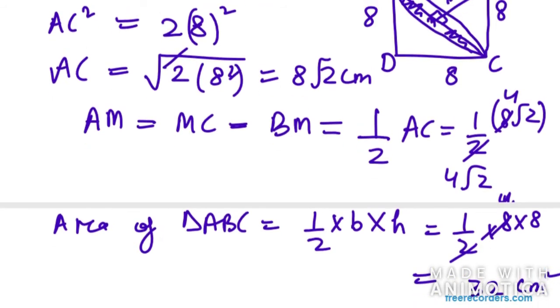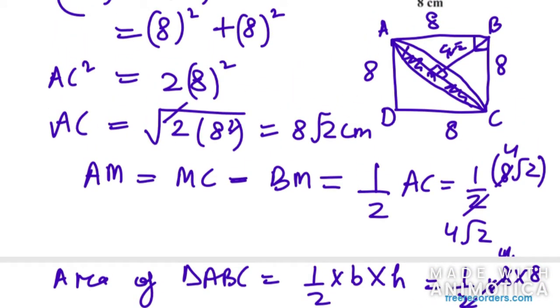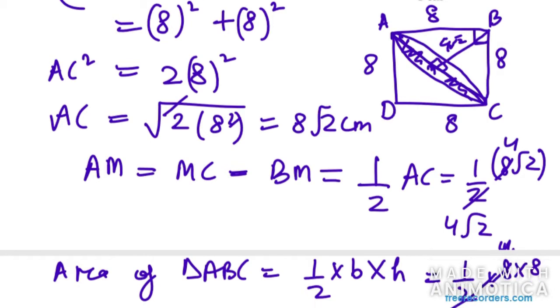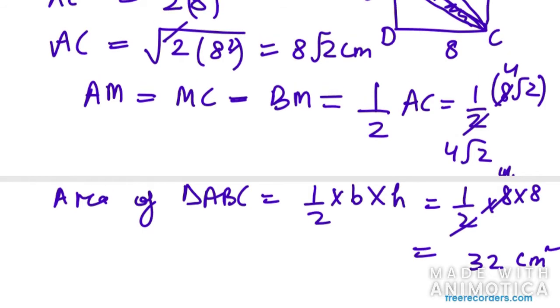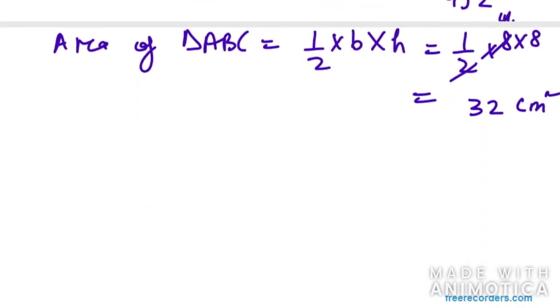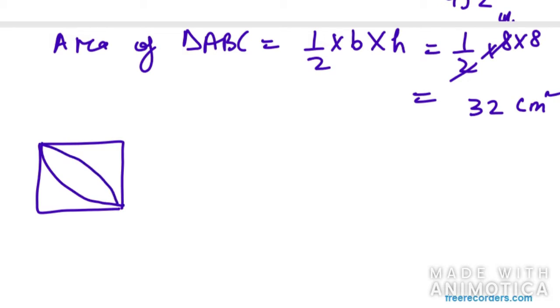Now, as you can see, we need to find half the area of the shaded region. So half the area of the shaded region will be the area of the quadrant, take away the area of triangle ABC. Let me again tell you with the help of the figure. What I am trying to find is this part. So for that I need to find the area of the quadrant of this whole part.